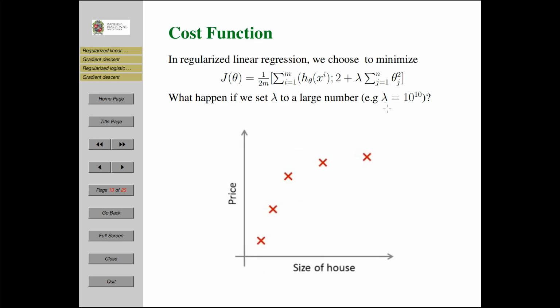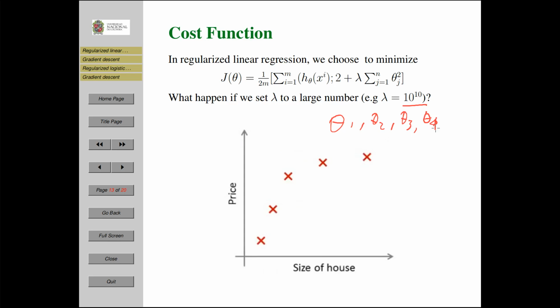What happens if we set lambda to a large number, something like this? Well, if we set lambda to a large value, we might end up penalizing the parameters theta1, theta2, theta3, theta4, etc. very highly.